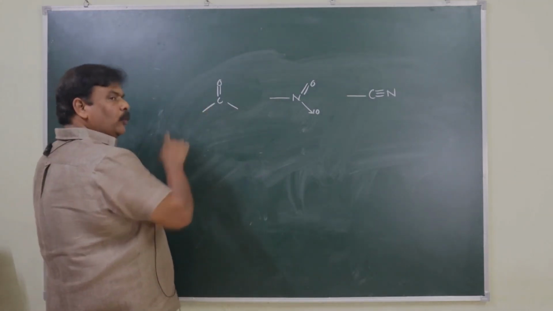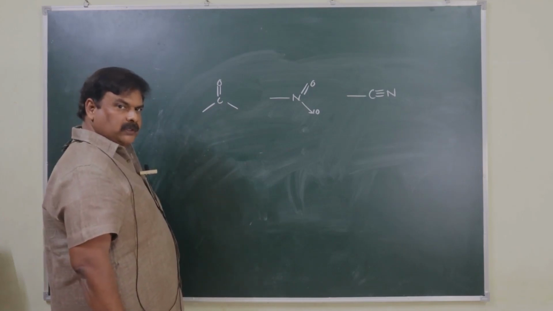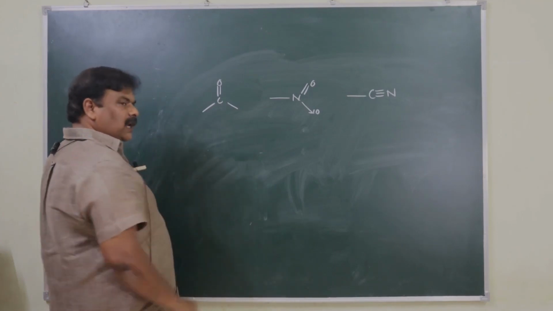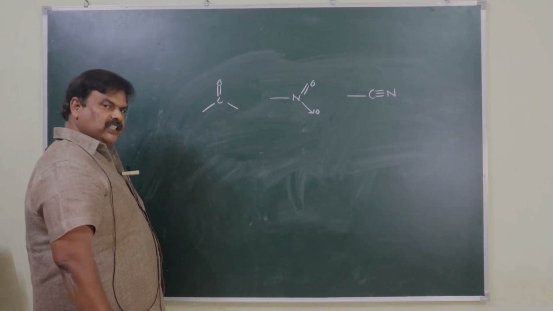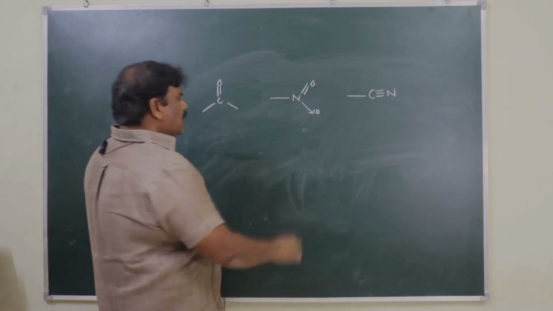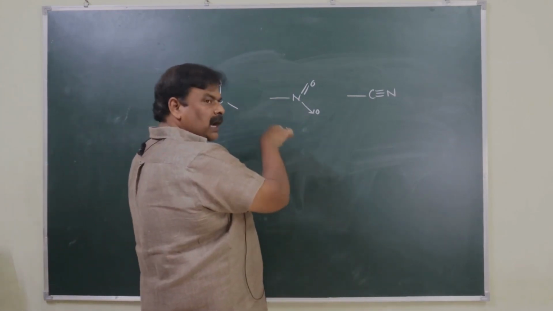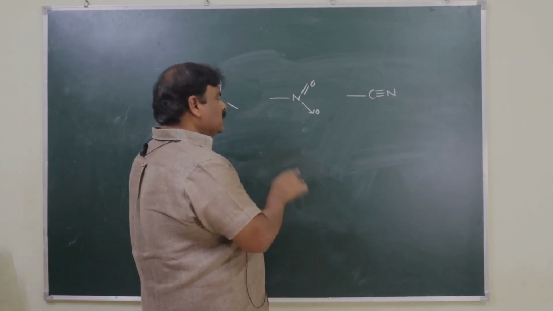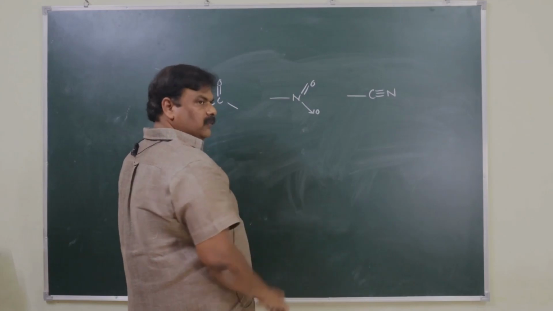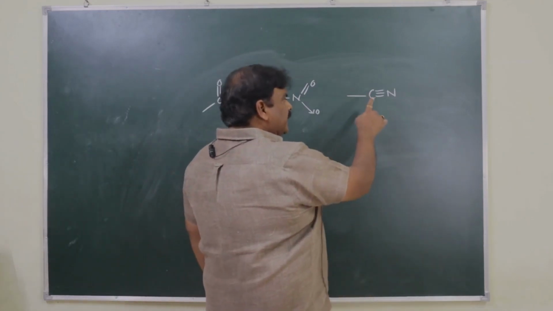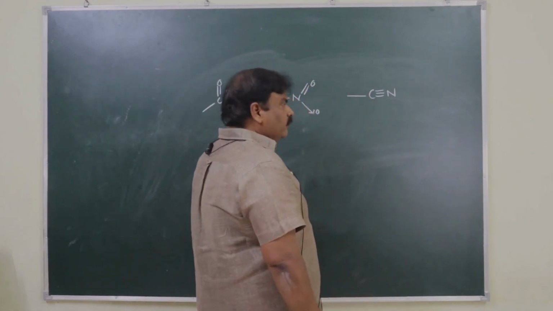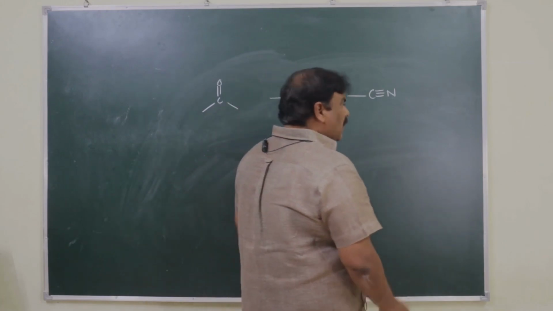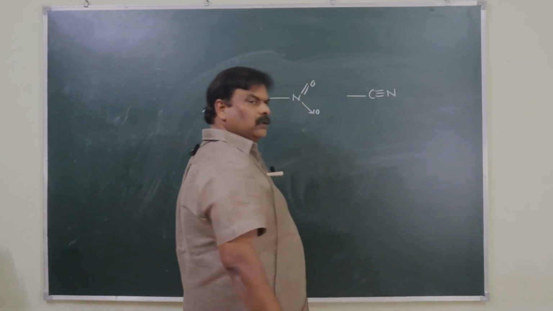As a carbonyl group is present in carbonyl compounds with alpha hydrogens, they exhibit tautomerism. As a nitro group is present in nitroalkanes with alpha hydrogen, they exhibit tautomerism. As a nitrile group is a polar group, cyanide compounds with alpha hydrogens exhibit tautomerism.